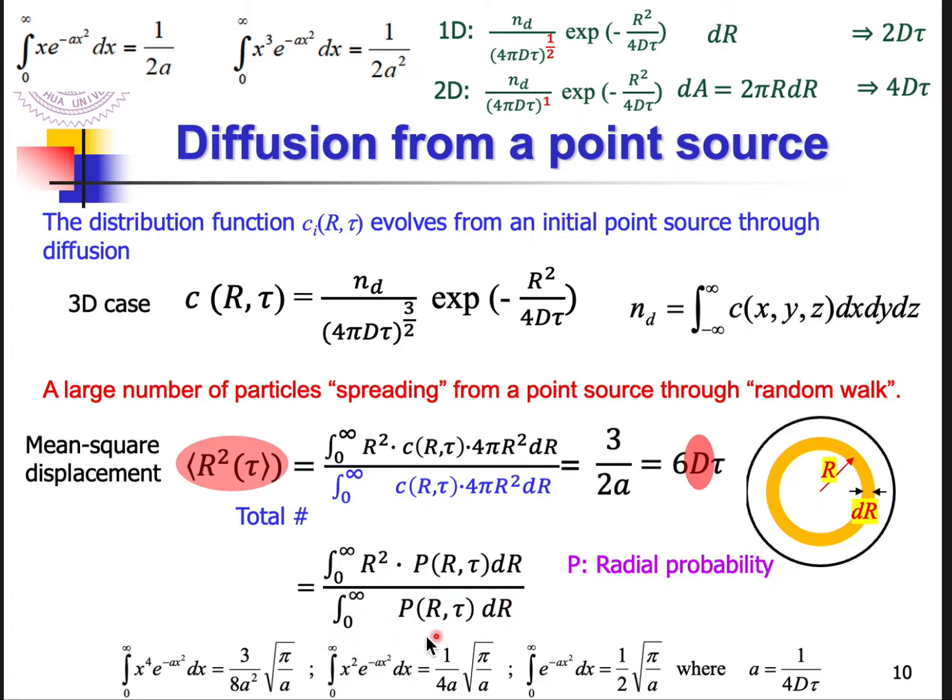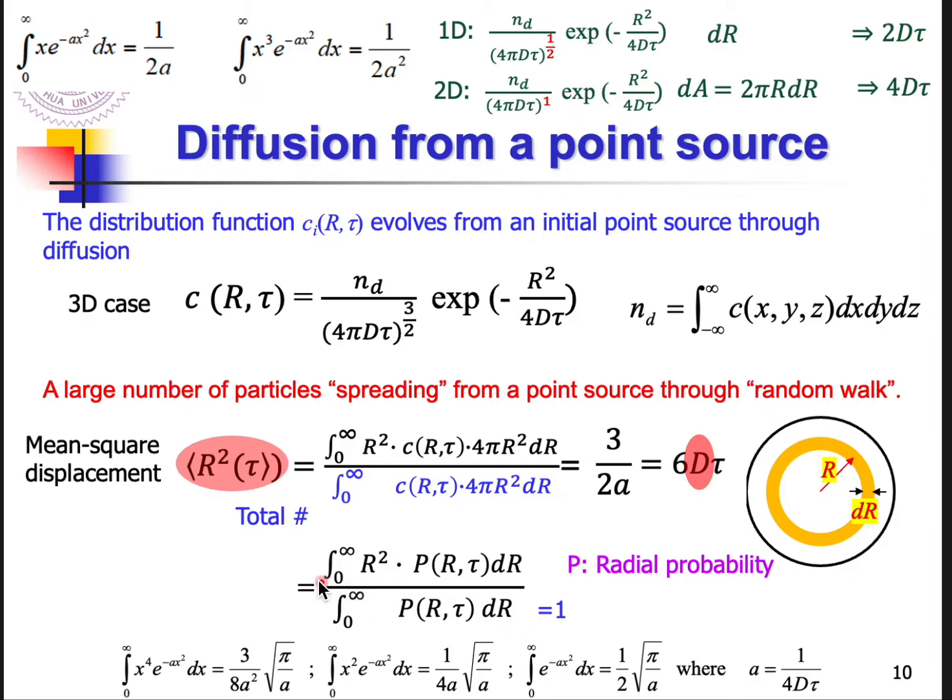So the bottom portion is the probability integrated from 0 to infinity, and the top portion would be r squared times the probability dr, also from 0 to infinity. As you know, if you integrate over all space, then definitely you can find the diffusing atom, so the probability will be equal to 1.